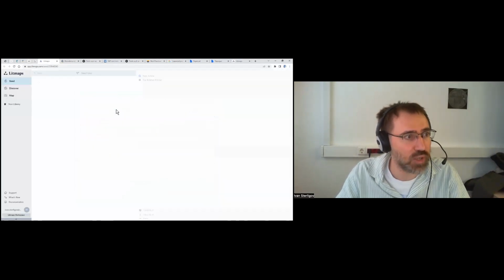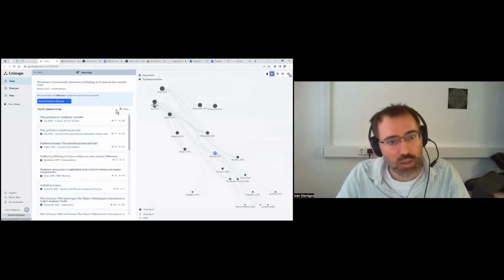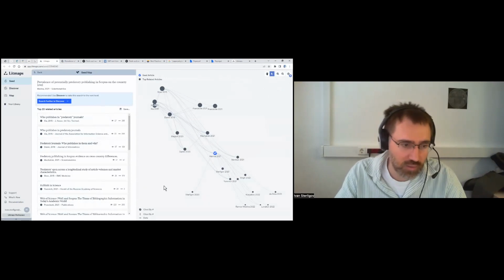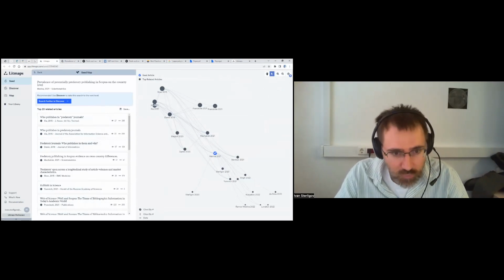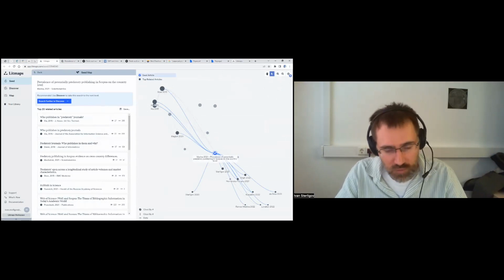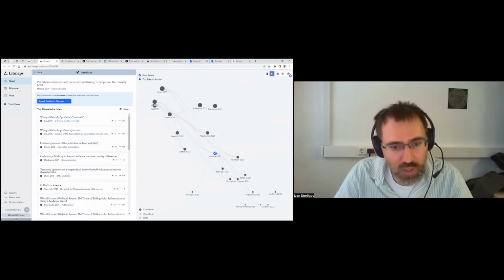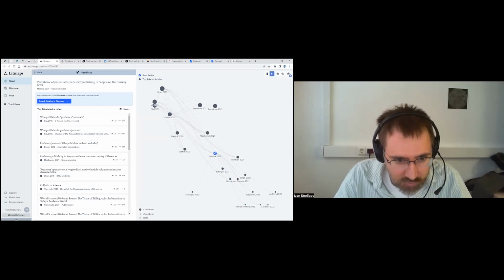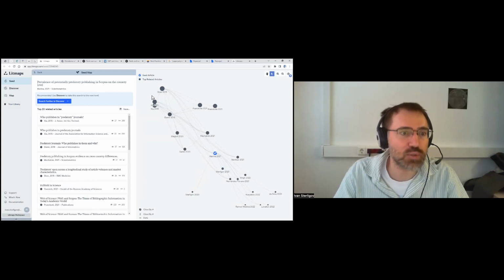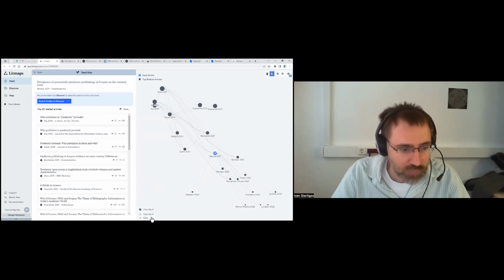Start a seed map, and now we see the map with different papers. This is the paper in question. These are the ones that cited it, self-cites, and so on. And these are the papers that were cited by this paper.